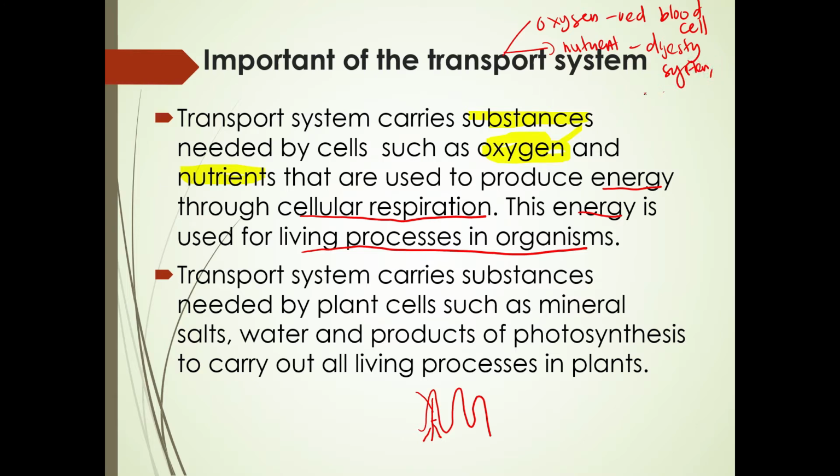The food that has already been broken down, let's say glucose, will be absorbed by the red blood cell for respiration, to produce energy by this process, cellular respiration. You already learned this in Form 1, if I'm not mistaken.